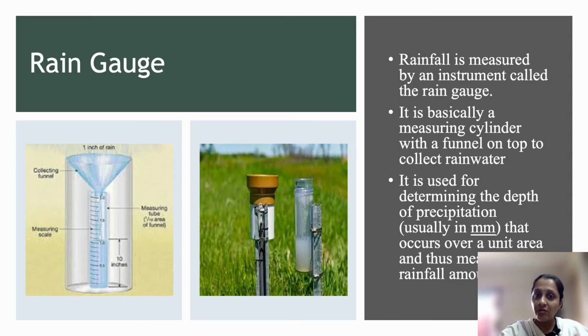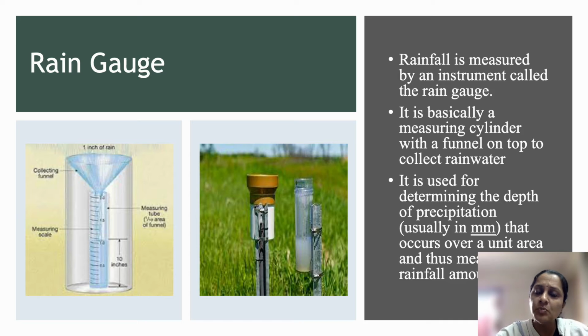Now, rain gauge. The way when you have fever, we measure the temperature using a thermometer. You must have seen that first mama puts her hand like this and then she is not very sure, so then she'll put a thermometer and then the exact reading is going to come. The same way a rain gauge is used to measure the rainfall, what amount of rainfall has happened.